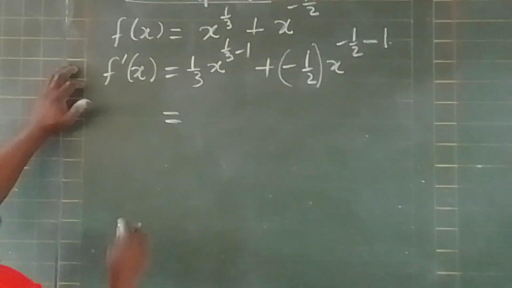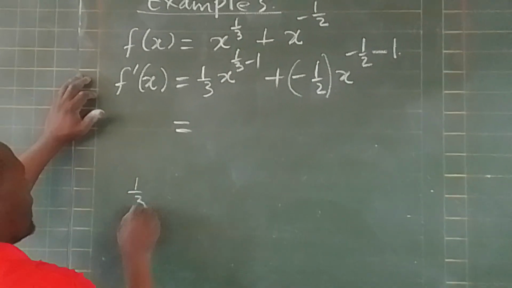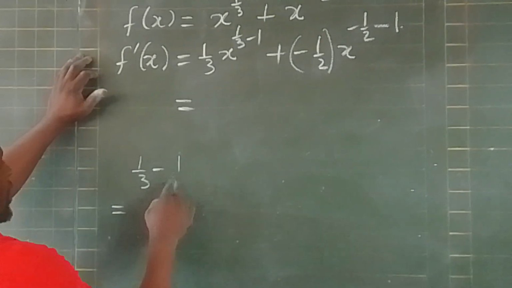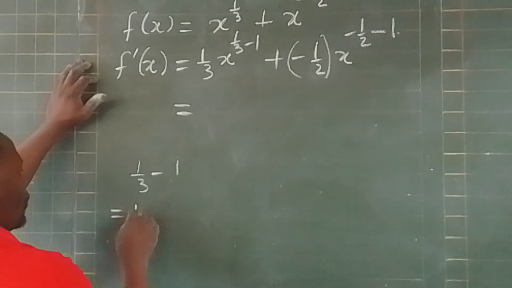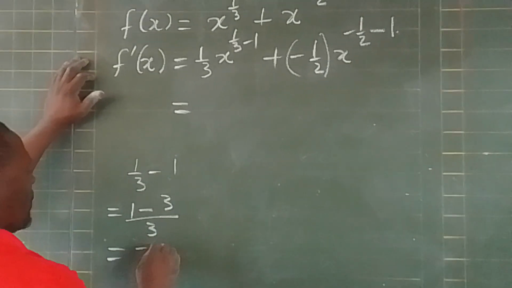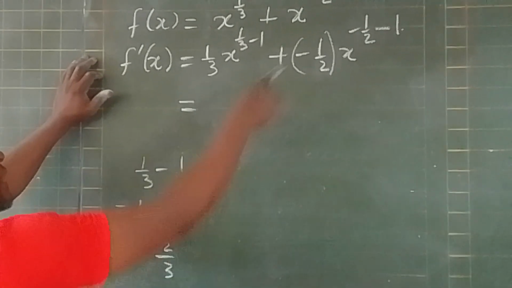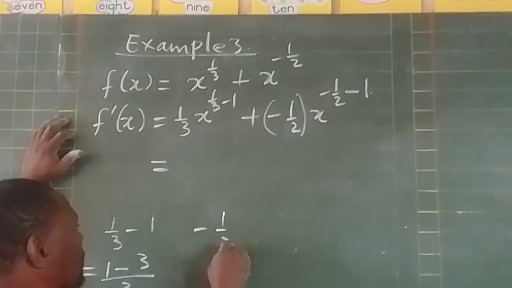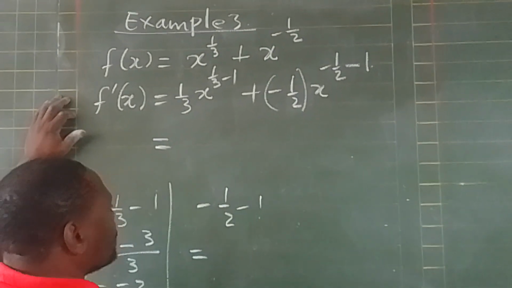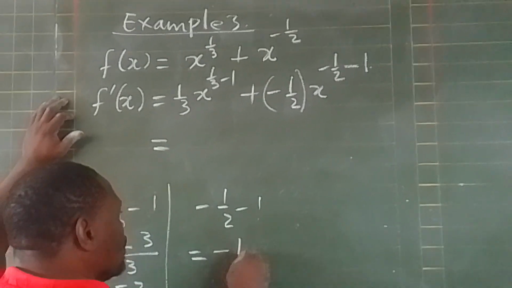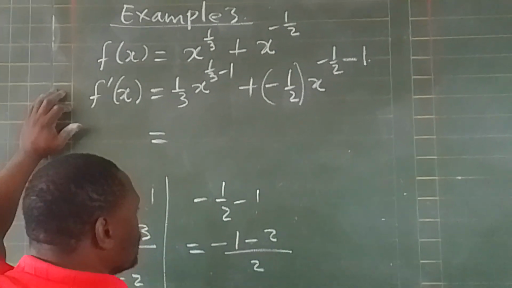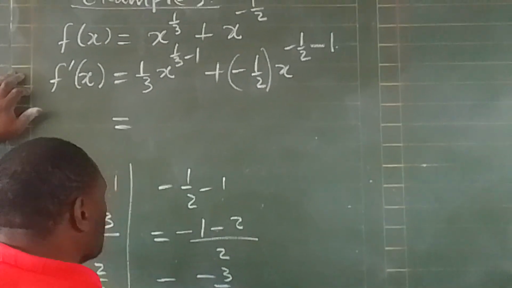I'm going to do it aside here. 1 over 3 minus 1 is equal to, LCD is 3, it's 1 minus 3 over 3, which is minus 2 over 3. And then let's get minus half, minus 1, this is the same as minus 1, minus 2 over 2, which is minus 3 over 2.